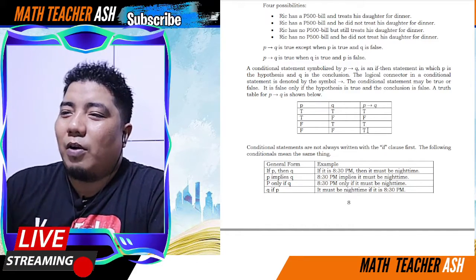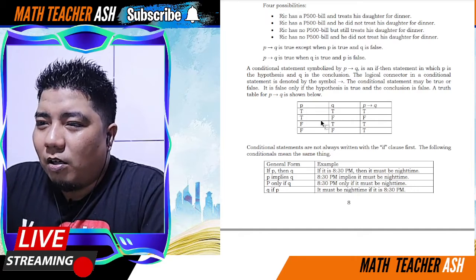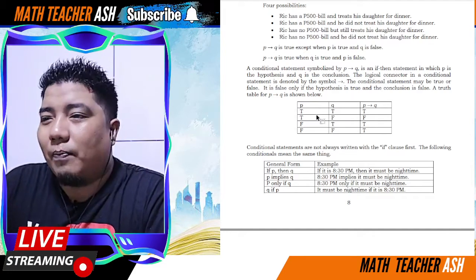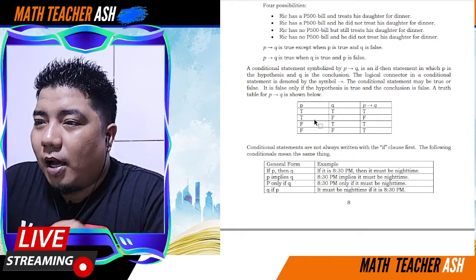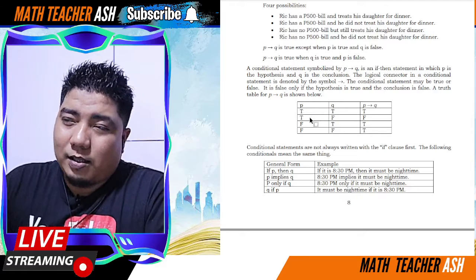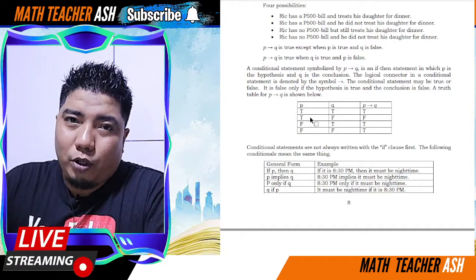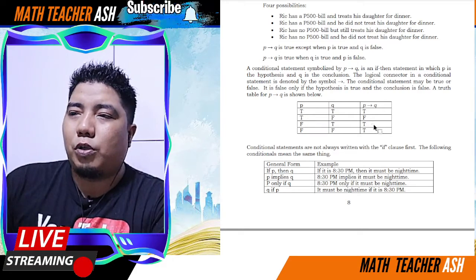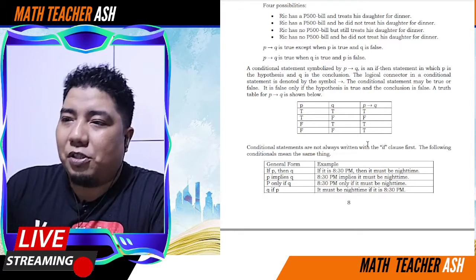Alright? Now, of course, kung true and true, magiging true talaga. Okay, pero kapag true yung sanhi, or true yung hypothesis, pero false yung ending or yung conclusion, then the whole statement is false.